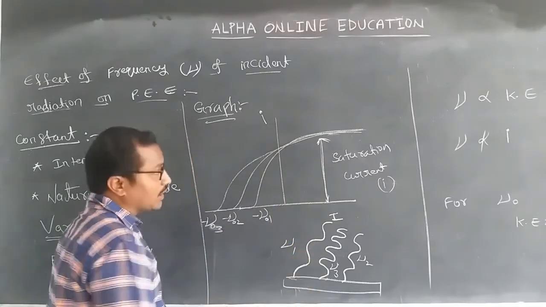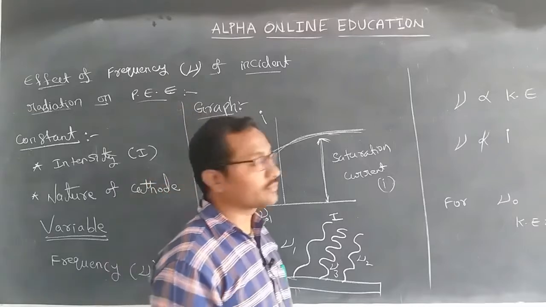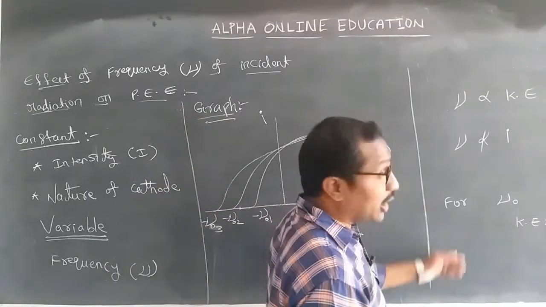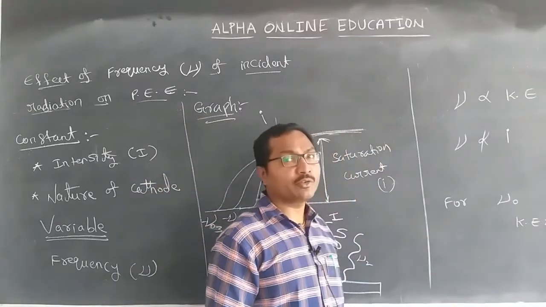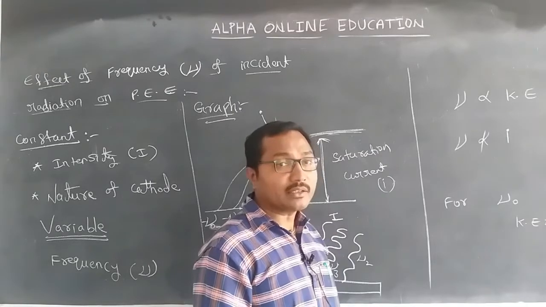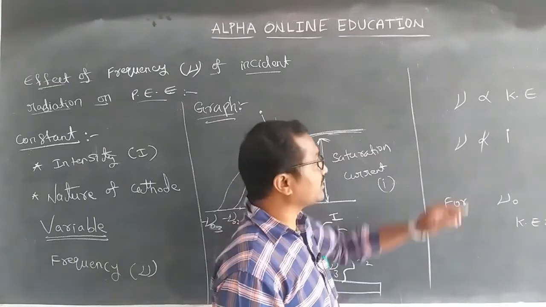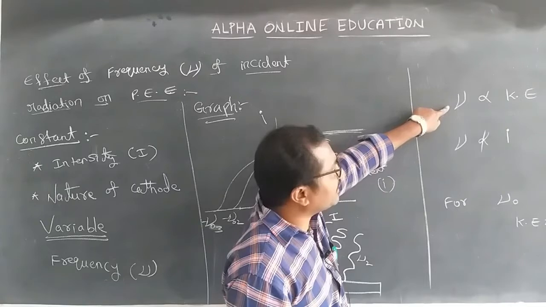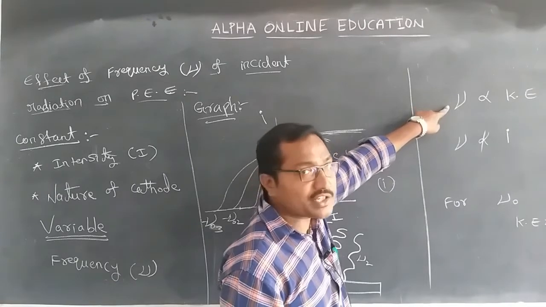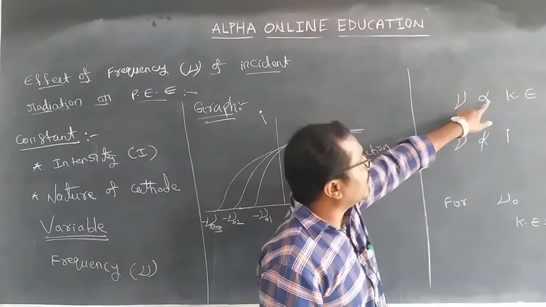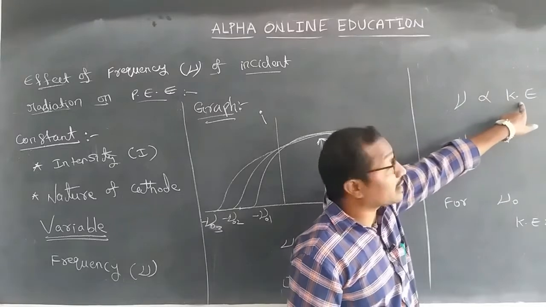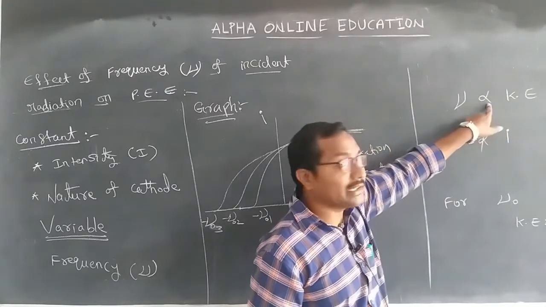Okay, right. Now we are going to give some relations: how the incident frequency affects and does not affect the parameters. The frequency of incident radiation affects the kinetic energy, linearly, directly proportional.